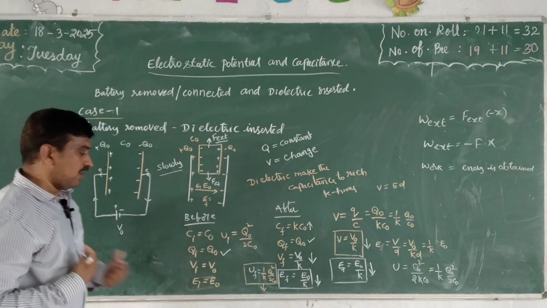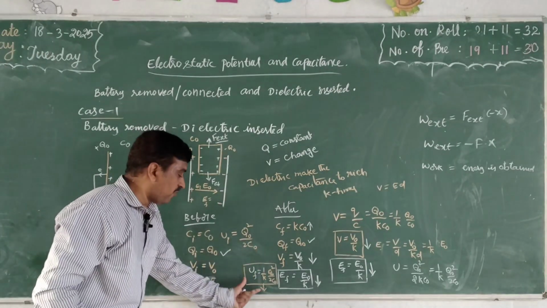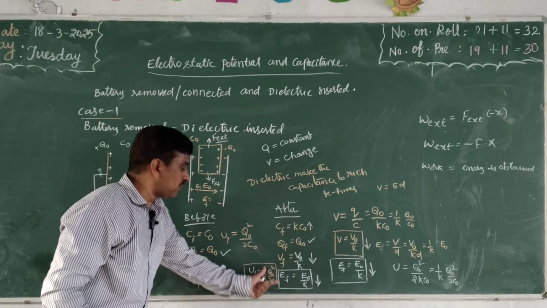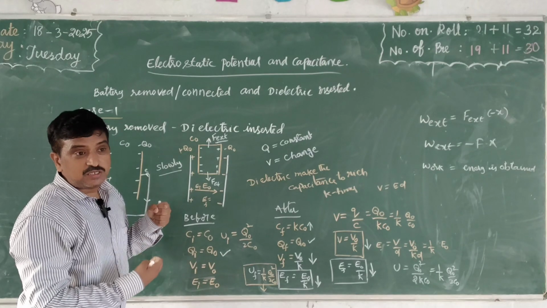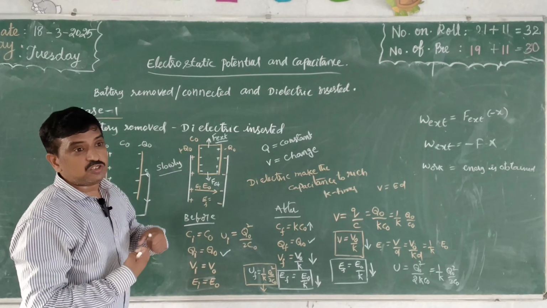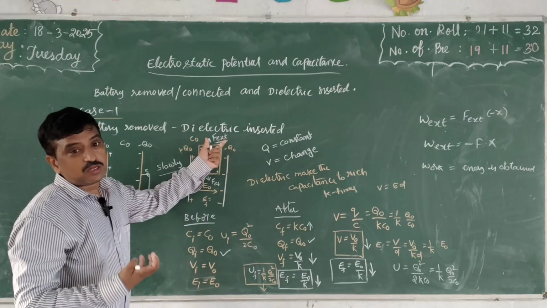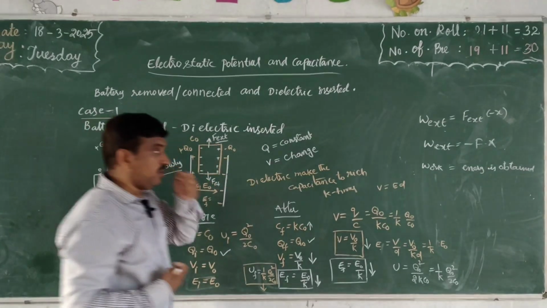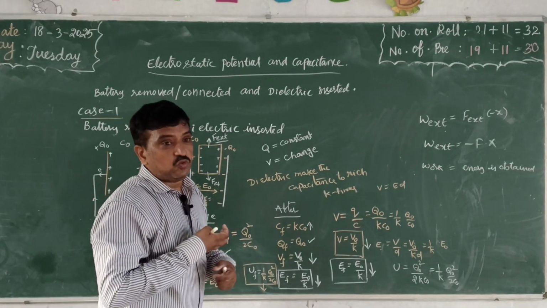Here what happened? Potential energy Q naught square by 2 C naught initially, finally what here? Q naught square by 2 C naught into 1 by K, means potential energy decreased K times. So however many times it decreases, that much energy we are gaining from this, because we are applying the external force. So how much energy decreased here? Potential energy, that much energy we are obtaining.